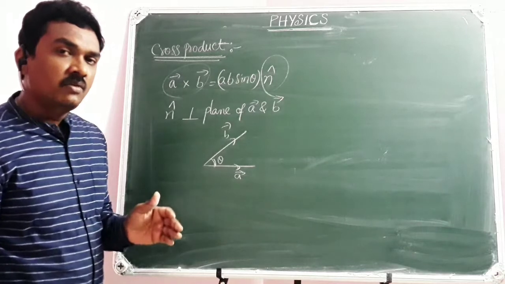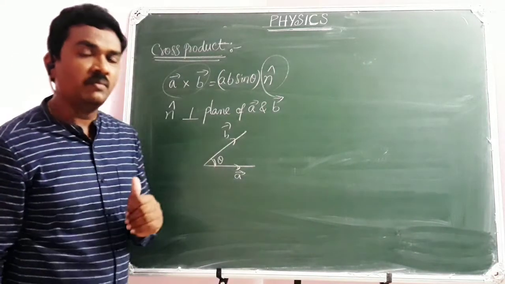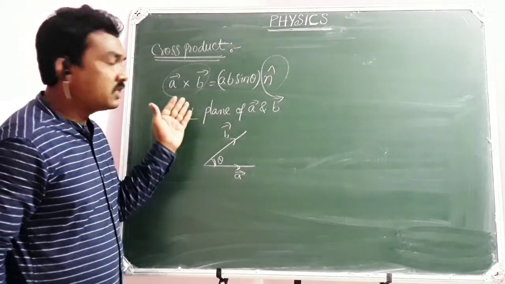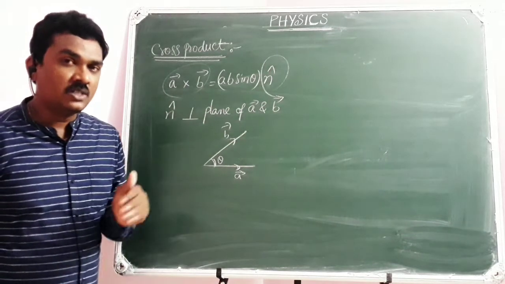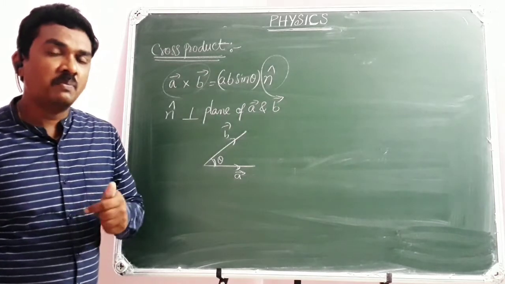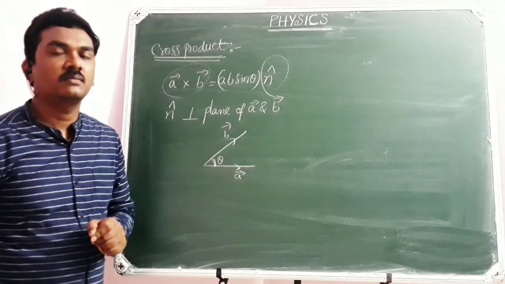It means when we change the plane of A bar and B bar, as per the right hand rule, the direction of A bar cross B bar is going to change. Such vectors whose direction changes when the plane changes, we call pseudo vectors.